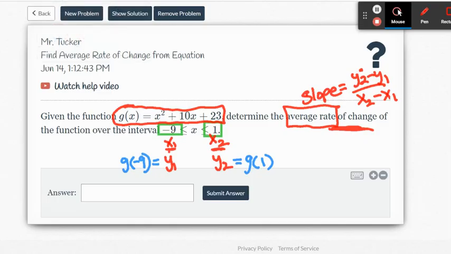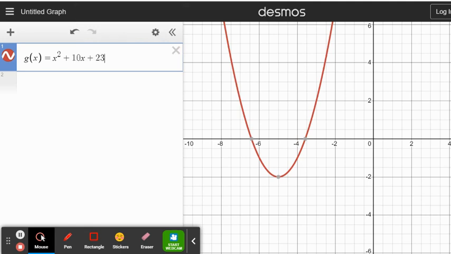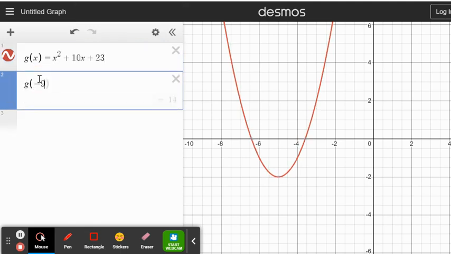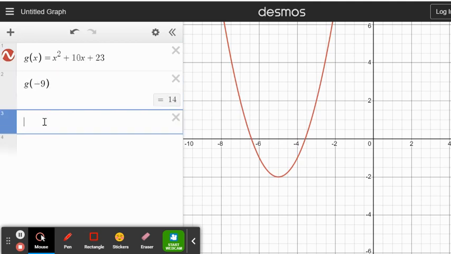The point is what we're going to do is find g of -9 and g of 1. What's really cool about Desmos is we can actually type that and say g of -9 and g of 1. And it tells us these values.